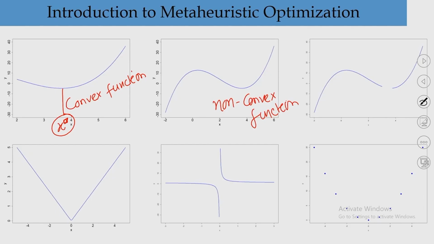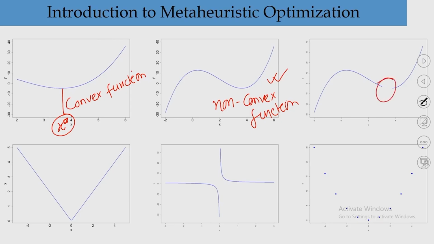But I will get only one of the solutions. If you have multiple optimal solutions, then you will get one of them if you apply the gradient based classical optimization technique. You can apply it here, but depending upon what initial solution you have provided, you will get one of the optimal solutions of the problem.